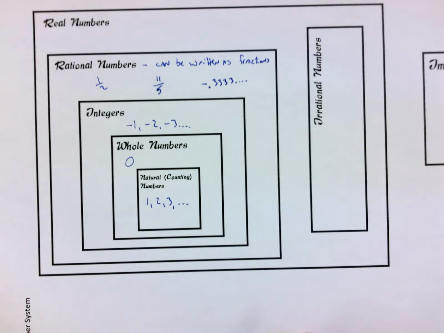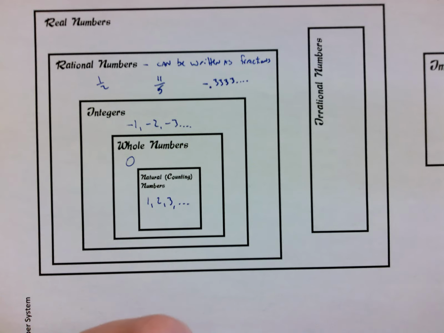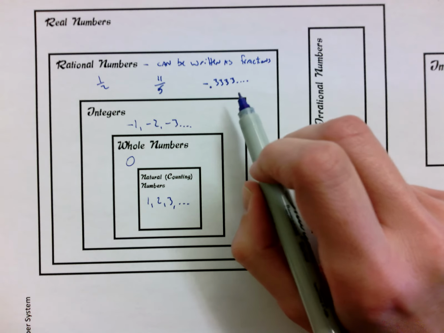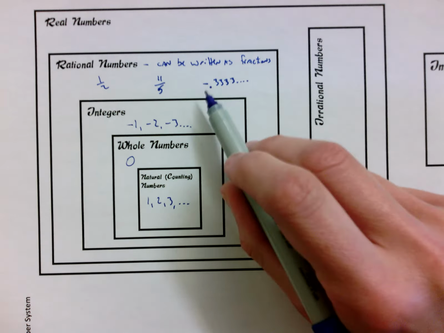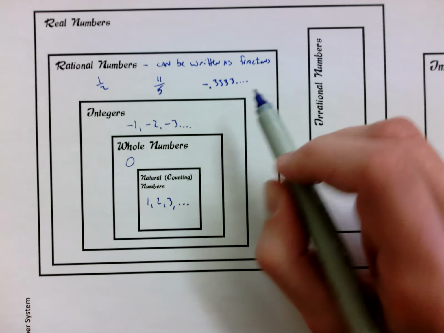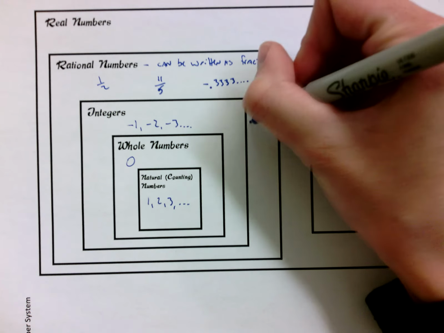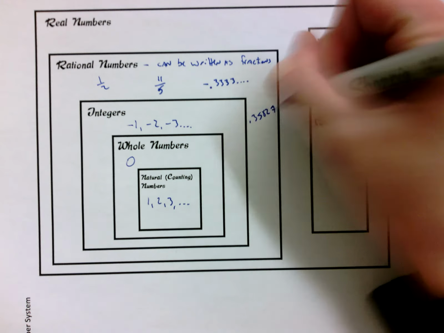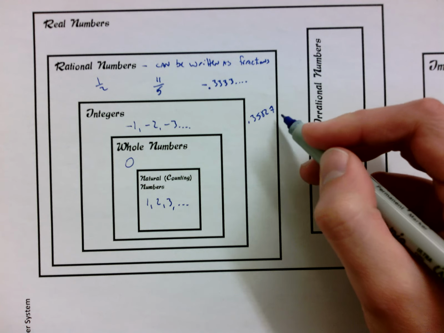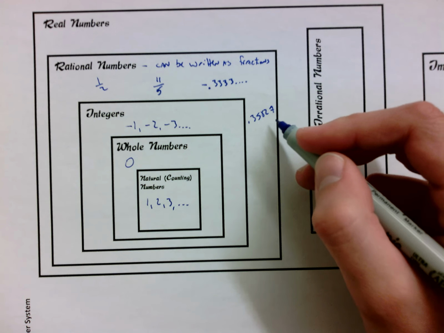But like -0.3333 repeating, that's also a rational number because I can write that as a fraction. That's 1/3, right? So anytime you have a decimal that either stops, so something like 0.35827, right? That stops somewhere. So I could write that as a fraction.